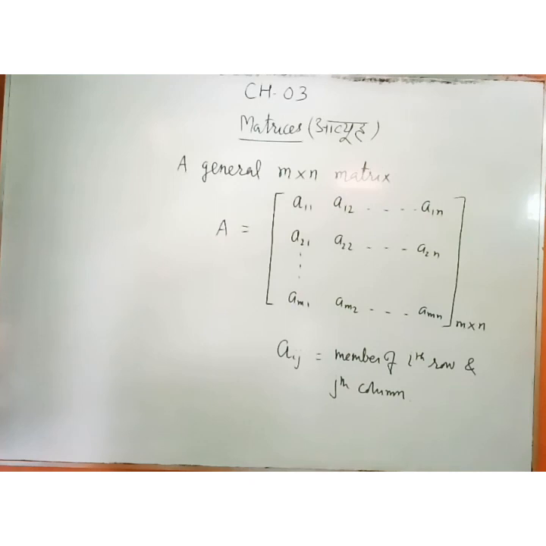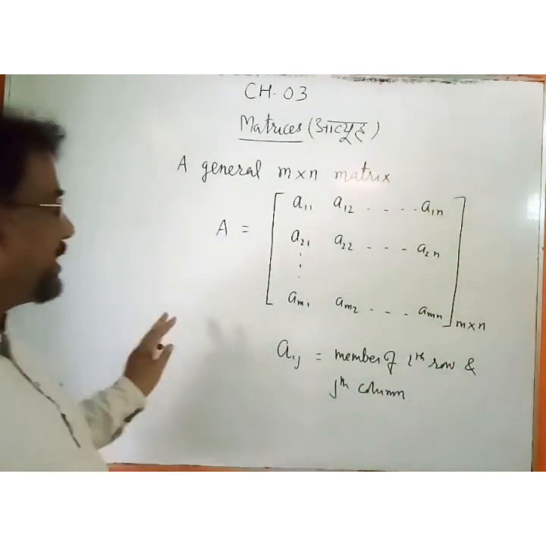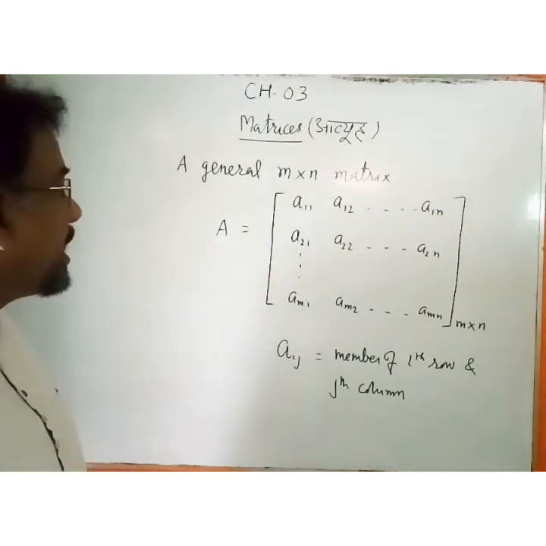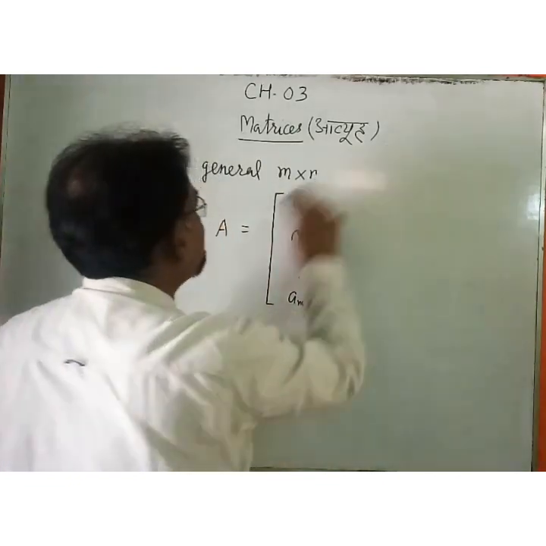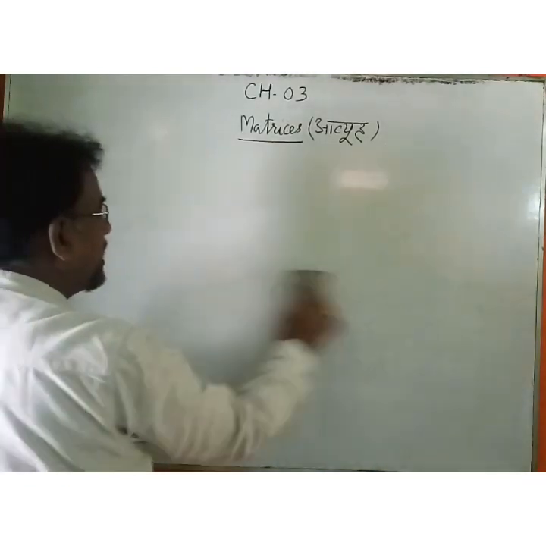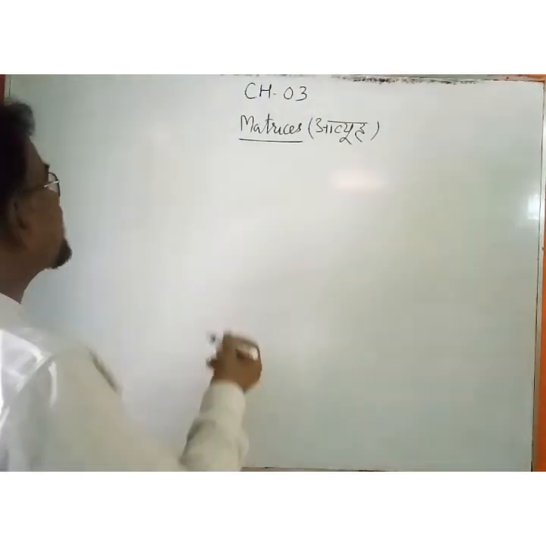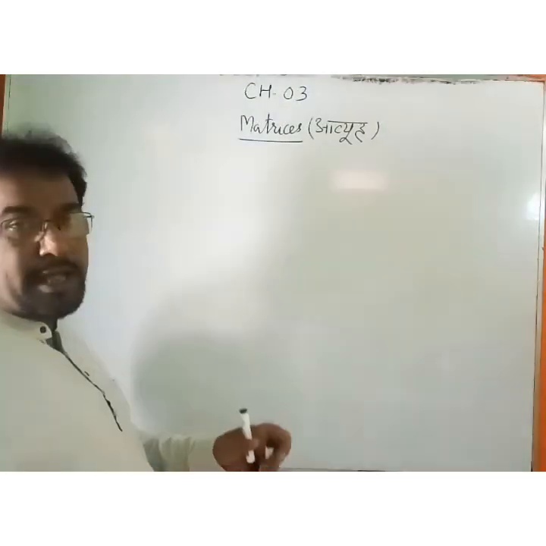This is the m cross n matrix, and it is called a general m cross n matrix. I hope everybody has understood the notation. Here one thing I would like to explain with the help of an example: if this general matrix formula is given, then you can find out the matrix.